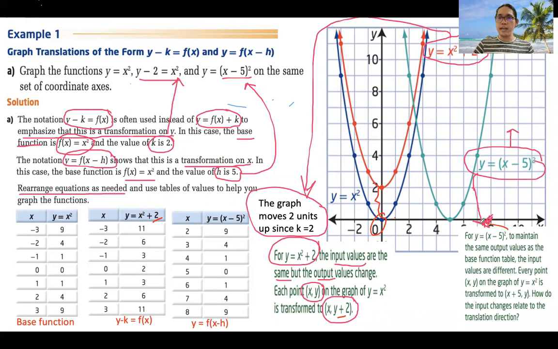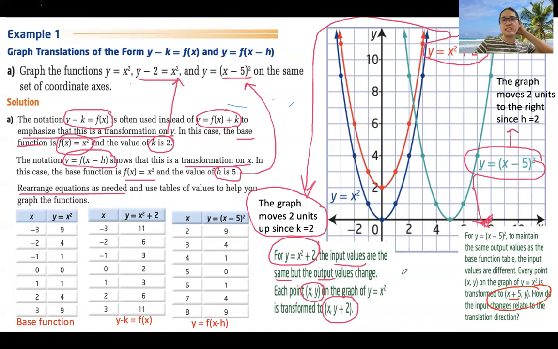And of course, for this y equals x minus 5 quantity squared, to maintain the same output values as the base function table, the input values are different. Every point x, y on the graph of y equals x squared is transformed to x plus 5, y. As you can see here, it's pretty obvious. Since your h is 5, your x is added with 5.